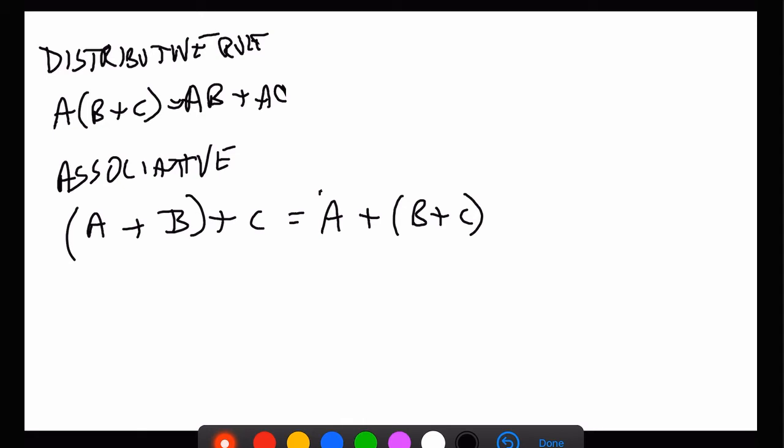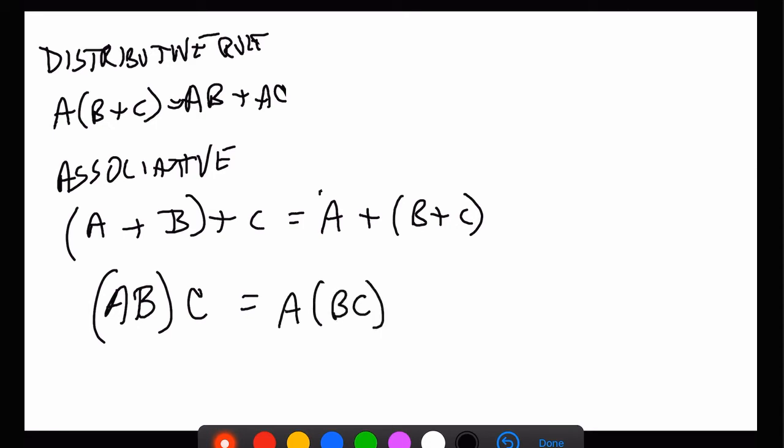Multiplying might or may not work. In the real world, if you multiply A times B and then multiply that product times C, in normal algebra, that works, right? 3 times 2 times 1, if I multiply those first, equals 3 multiplied times 2 times 1. That works.